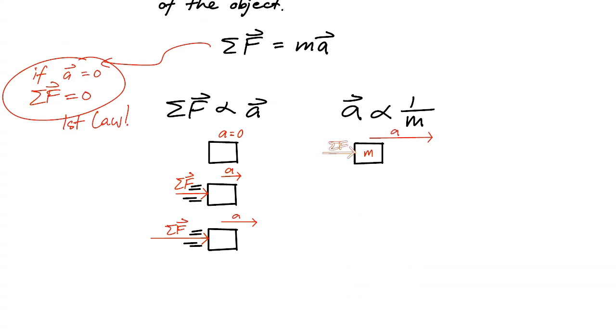Now, take the same net force and apply this to a much more massive box, mas mabigat na box. Now, we see here, dahil mas mabigat yung object, even though we apply the same net force, we will see a decrease in the acceleration of the object. Dahil mas mabigat yung object na ito from the previous one.